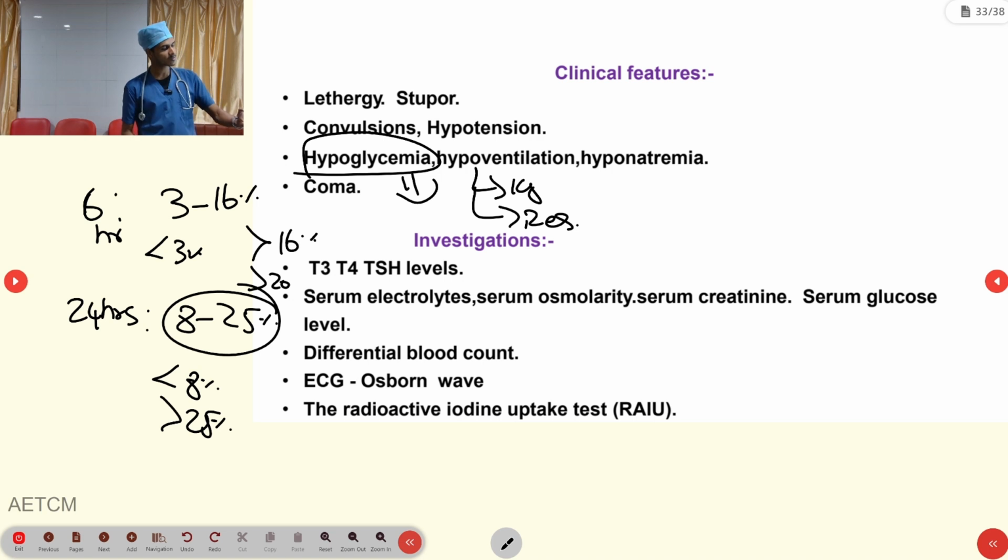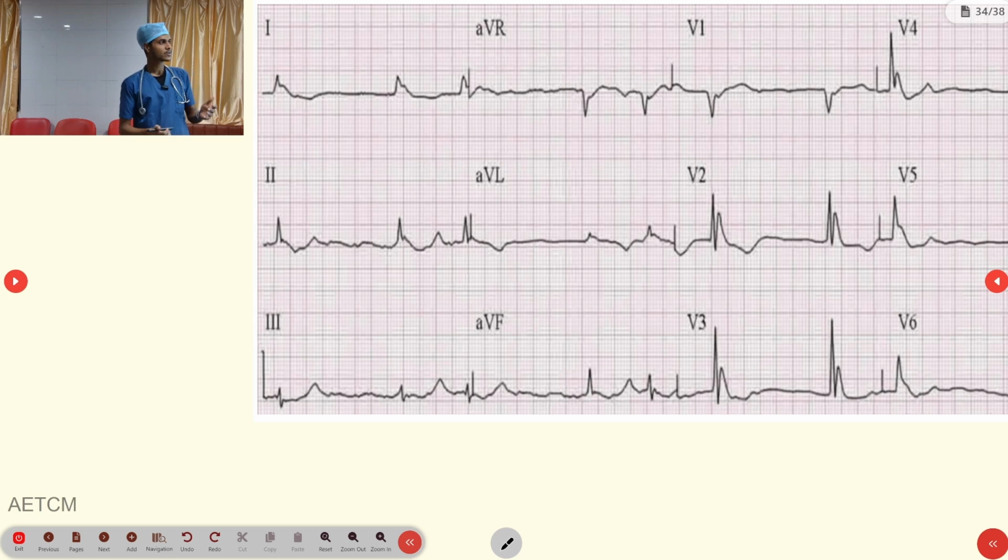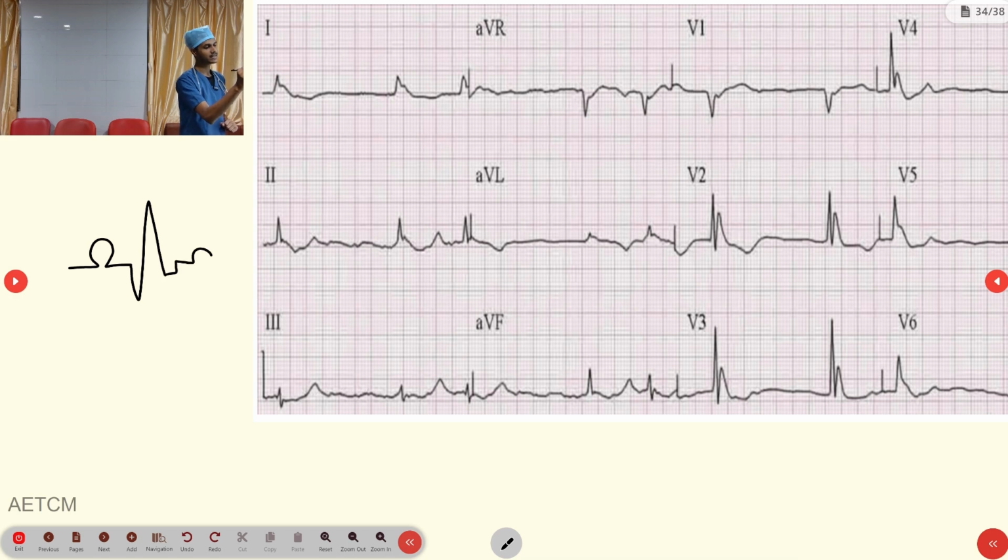And then one more most important thing we can identify in hypothyroidism is the ECG Osborn J wave. So in a normal ECG, you will see the P wave and then the QRS wave and then the T wave, right? So P, then QRS, then you get a T wave.